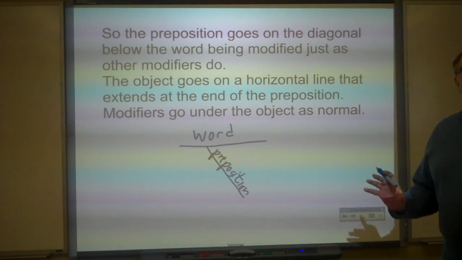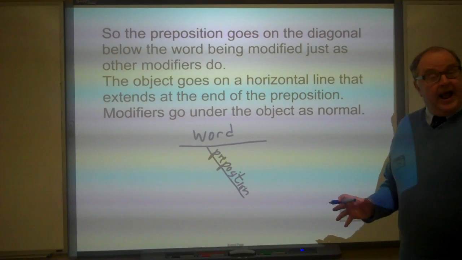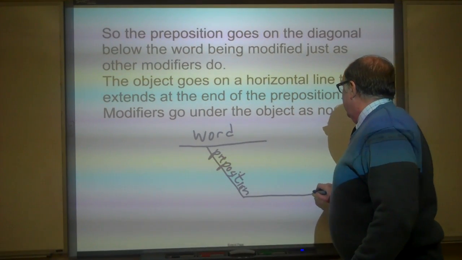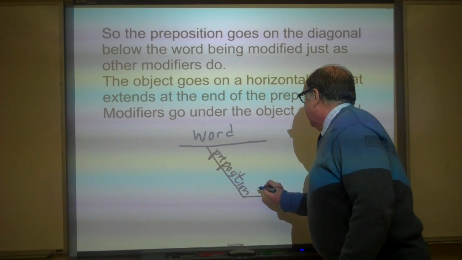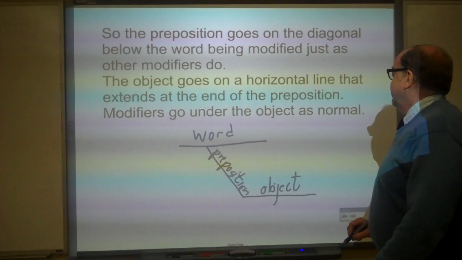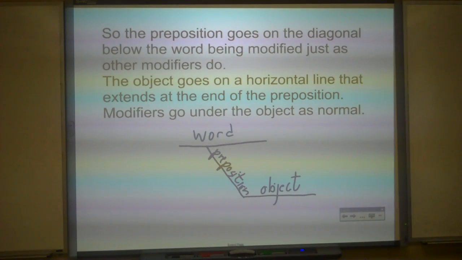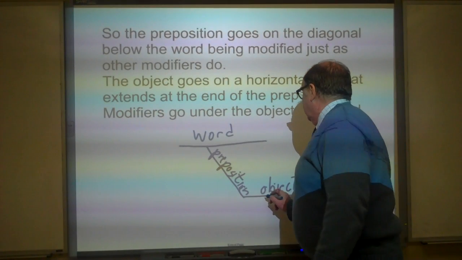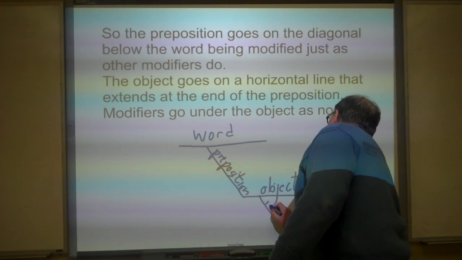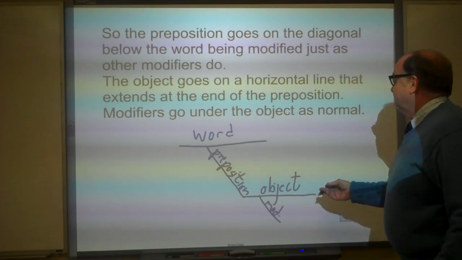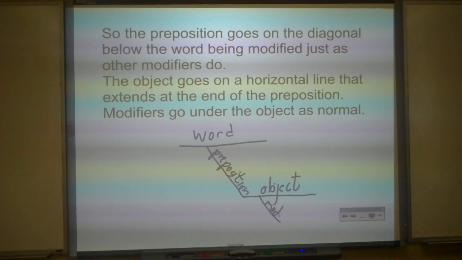And then we understand objects are nouns or pronouns. They go on horizontals, so you extend a horizontal line out like that, and you put the object of the preposition on the horizontal line. And if there are any modifiers, any adjectives or articles modifying the object, they would go underneath the way modifiers always do.